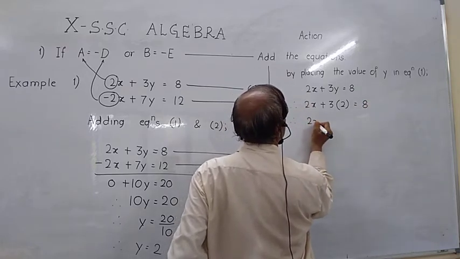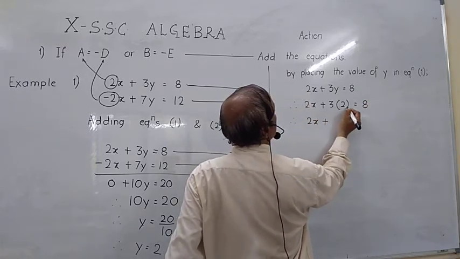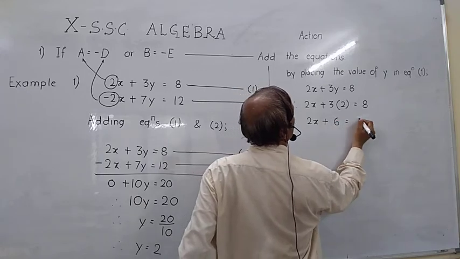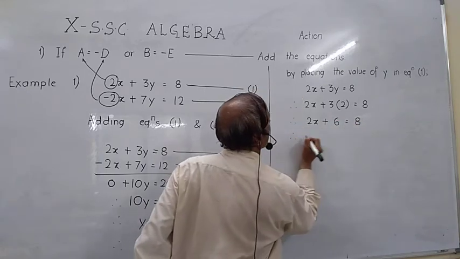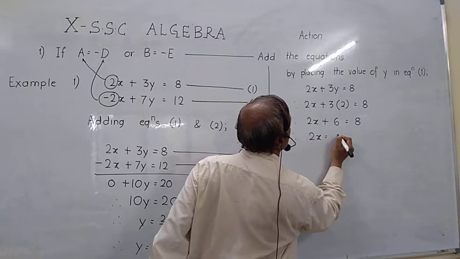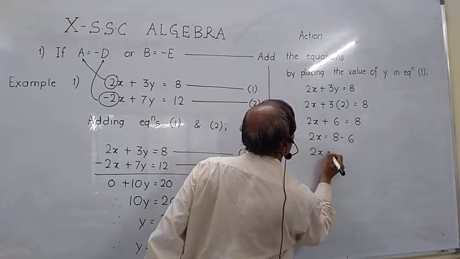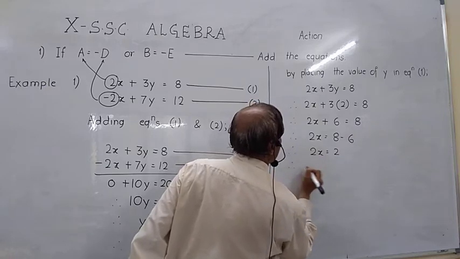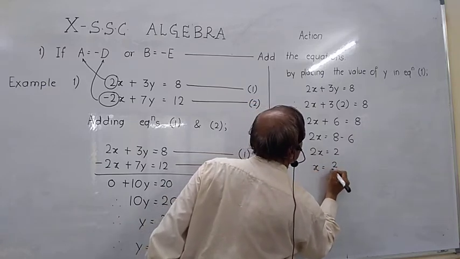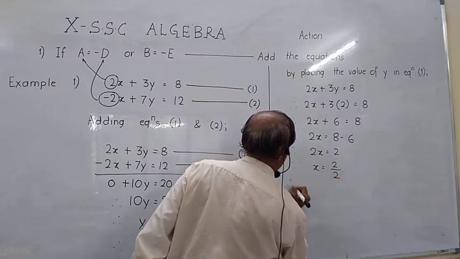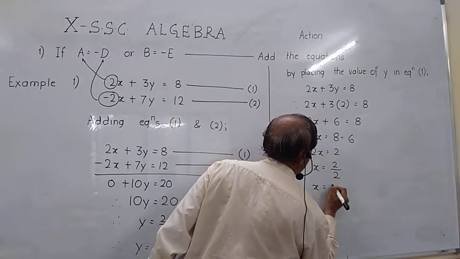Therefore, 2x plus 3 into 2 is 6 equal to 8. Therefore, 2x is equal to 8 minus 6. Therefore, 2x is equal to 2. Therefore, x is equal to 2 divided by 2. Therefore, x is equal to 1.